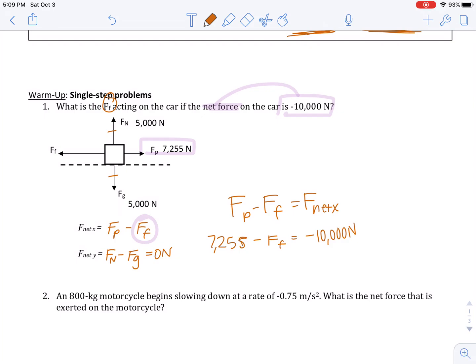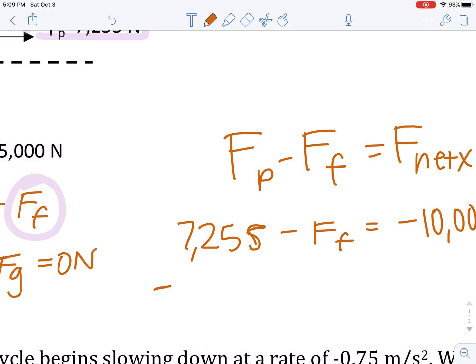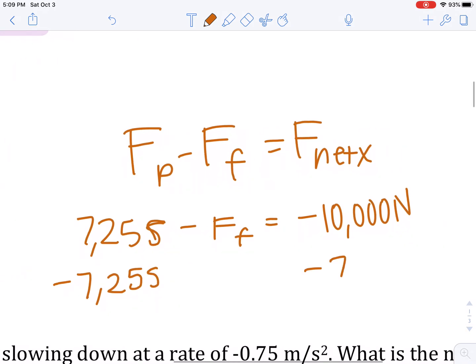I am going to add, or subtract, 7,255 from both sides. If you struggle with that on the formative or the summative, just ask me for help and I will help you. I'll say subtract this first, then you're going to do this.